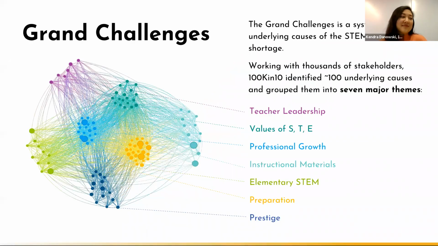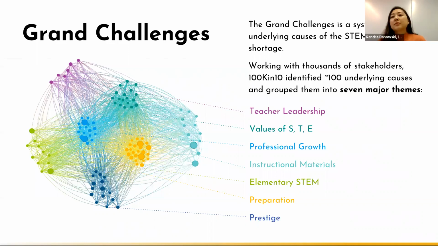And so I discussed this a bit before, but really the grand challenges are so important to this work. They really allow us to understand and see what is happening and to then start to take action. And so you can see them here, and many of you are very familiar with these.